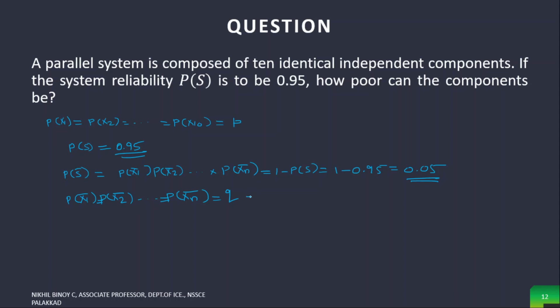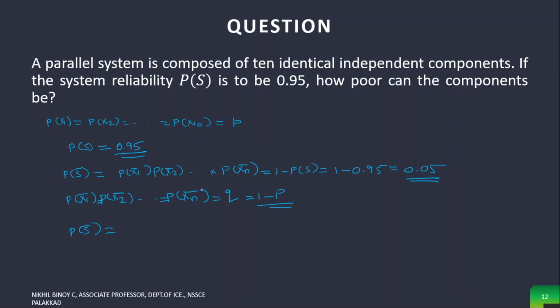And what about Q? Q is equal to 1 minus P. So P of x1 bar is equal to P of x2 bar equal to etc. P of xn bar equal to Q, that is equal to 1 minus P, or P equal to 1 minus Q.